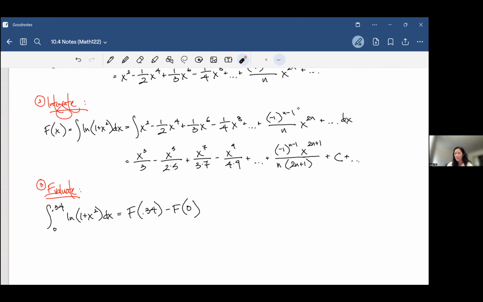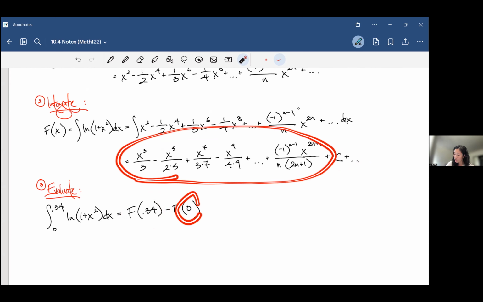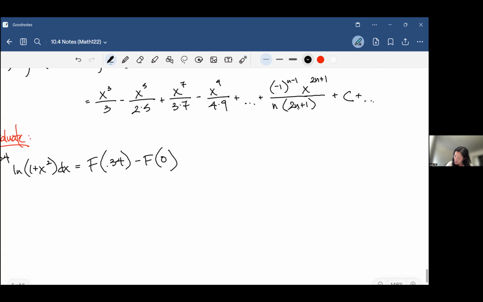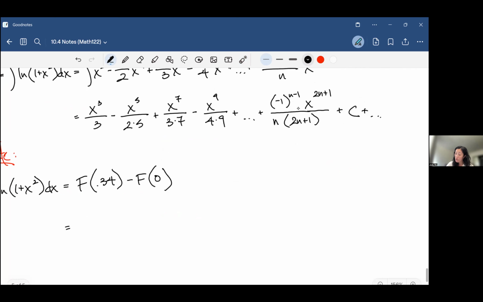And remember in the last video, even though I wrote out c in both of them, the c's are going to cancel because there'll be a c here and a c here. C minus c gives us 0. And if I plug in a 0 here, every term is going to 0 out. So really the only thing I have to plug in is the 0.34.